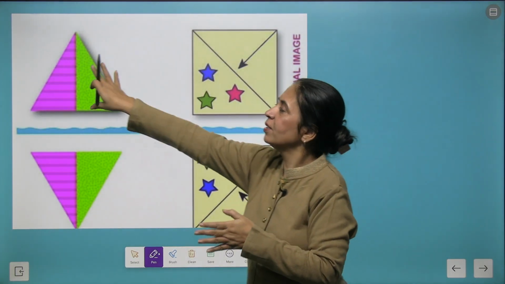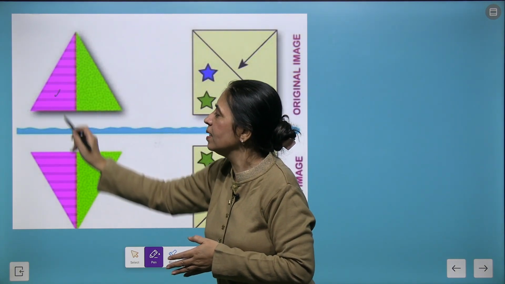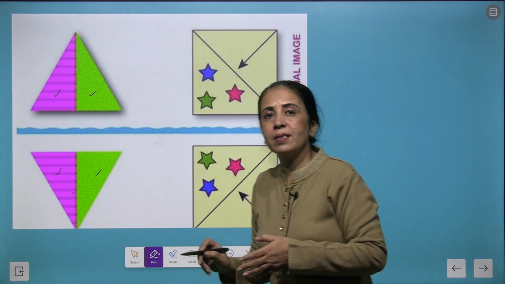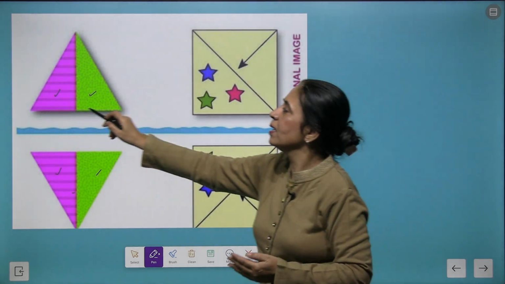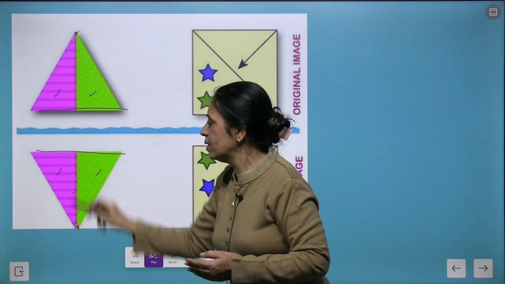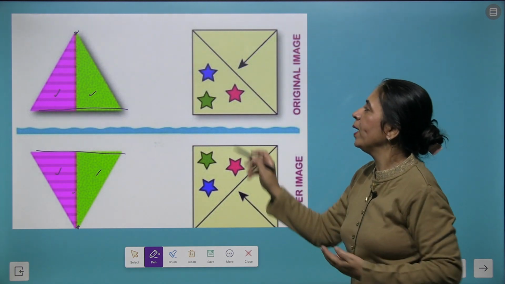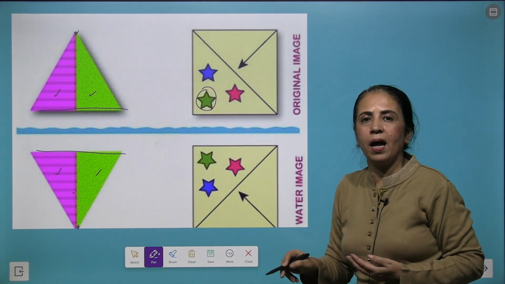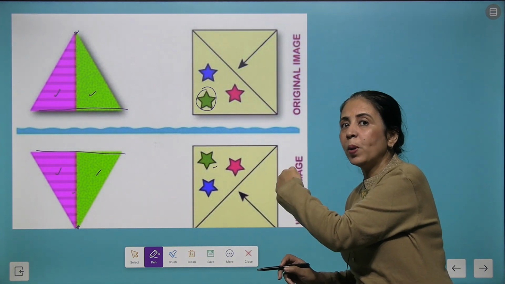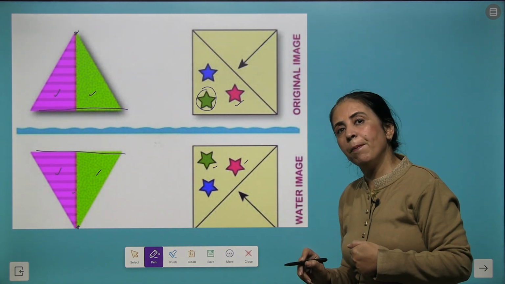Now we have a triangle which is bifurcated in two parts, and this pink color remains pink and the green color remains green. Only the difference is that down turns to upward and upward turns to downward, and the same thing happens here in the square also. See, we have this star, green color at the bottom, here it appears at the top. Next to it we have a pink color star which looks at the same position.